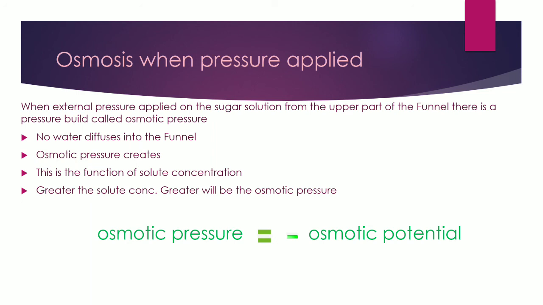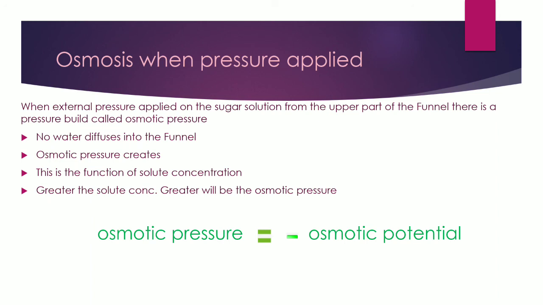Greater the solute concentration, greater will be the osmotic pressure. It means the more solute particles you take against the osmosis, the more pressure is created. Greater solute concentration means more solute particles in it.